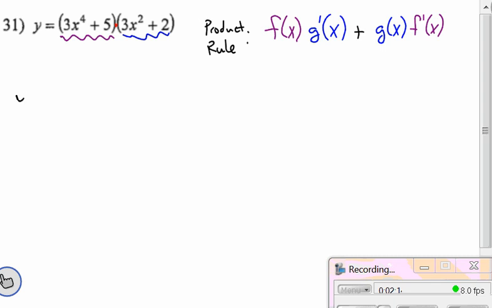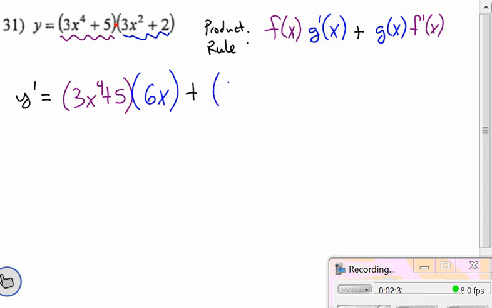To take the derivative, I'm going to write down the first function as is, times the derivative of the second function, that's 6x, is the blue function's derivative, okay, plus, write the second function, which is the blue one, times the derivative of the purple one, the first one, which is 12x cubed. That's it. You can leave your answer like that. That's your final answer. Don't need to simplify.